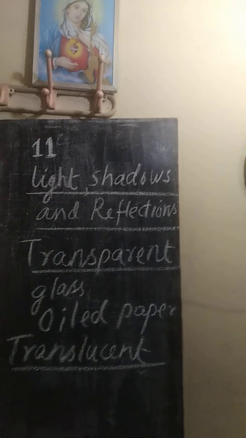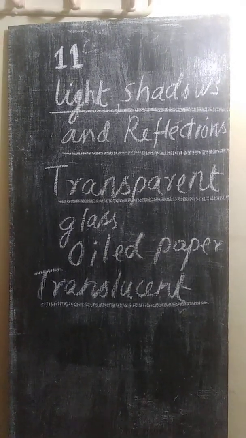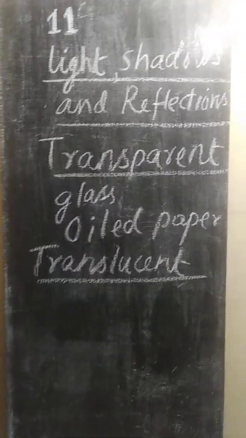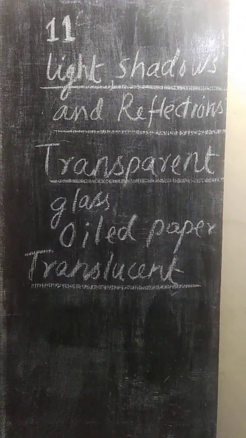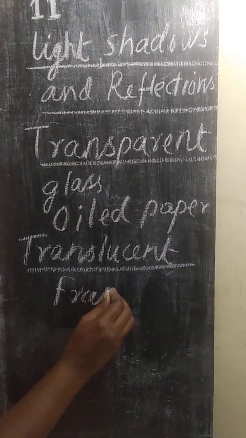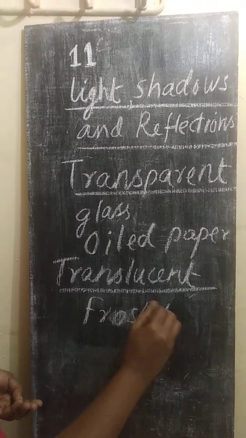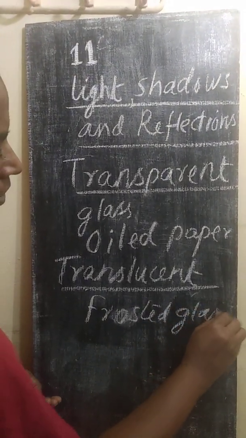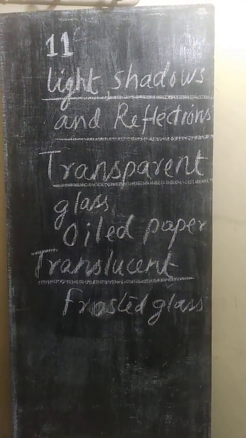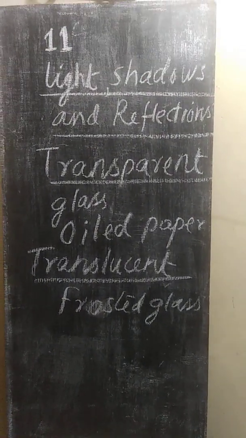There are different objects which come under this section, and a type of glass, frosted glass. Frosted glass is the type of glass we use in bathrooms.